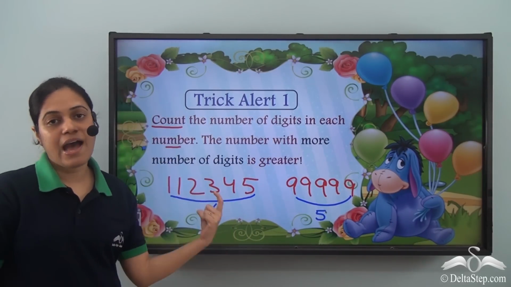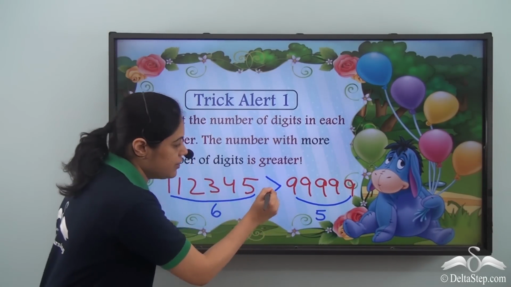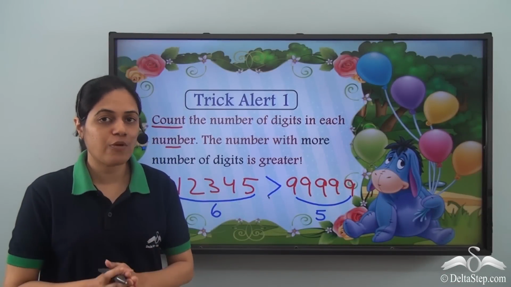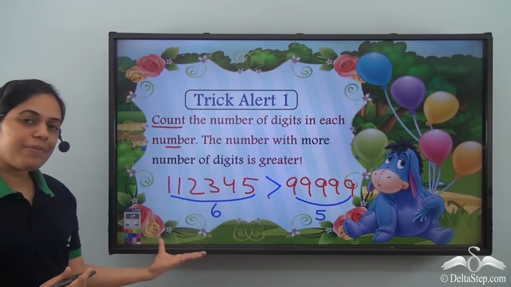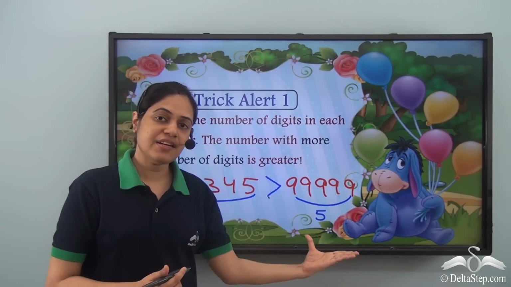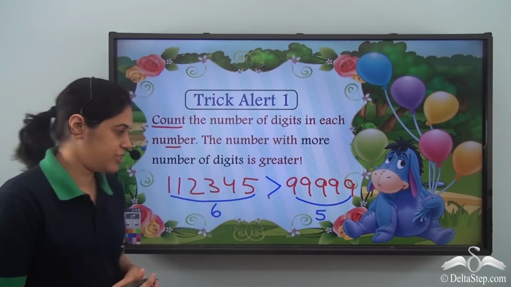So the number having 6 digits will be greater than the number having 5 digits. So the first step is to count the number of digits, and the number with more digits will always be greater than the number with fewer digits.